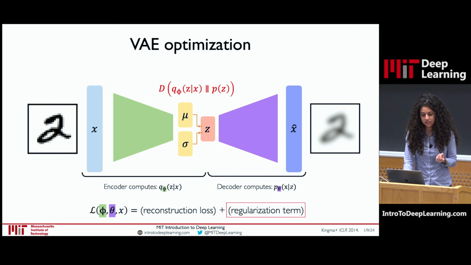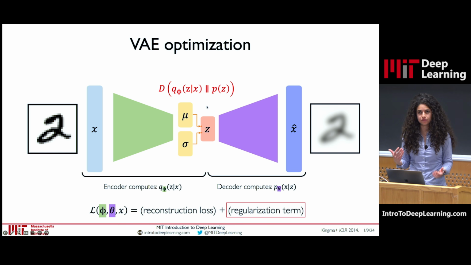The regularization term is then saying, okay, now we're going to take that prior and we're going to compare how good the representation learned by the encoder is relative to that prior.